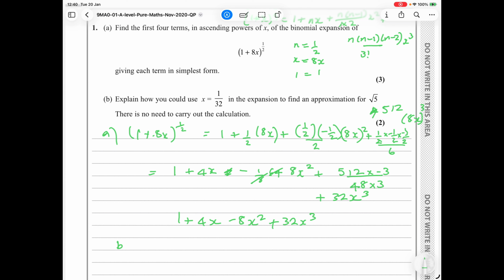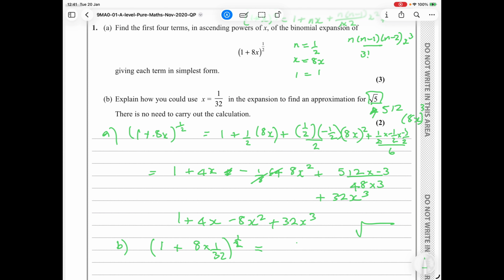B is explain how you could use x equals 1 over 32 in the expansion to find an approximation for this. Okay, so let's do this. 1 plus 8 times 1 over 32, to the power half. And anything to the power half just means square rooted.